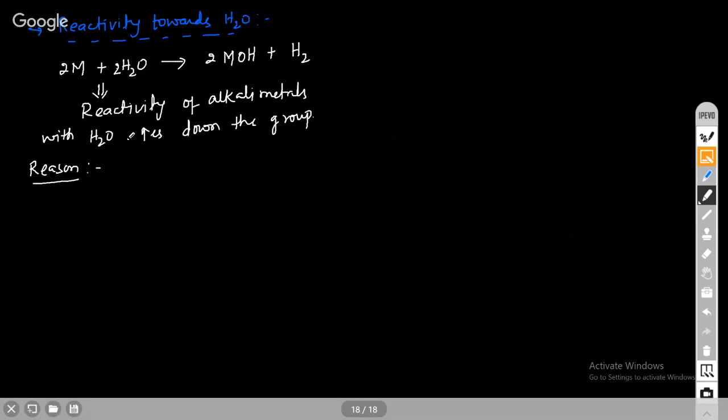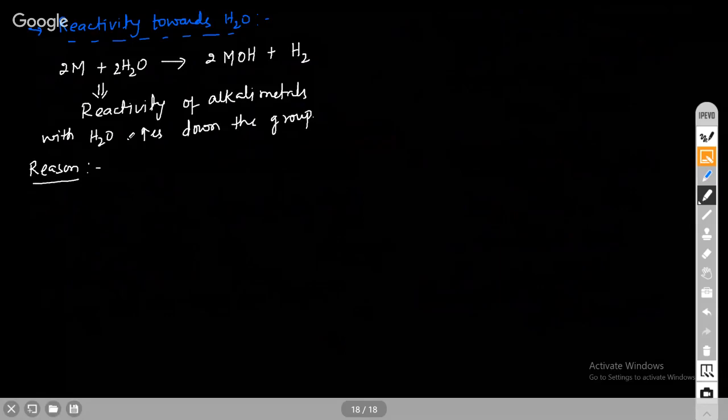See, the rate of the reaction you must understand. Contact area means contact between the two reactants. If that area is more, then the rate of reaction will be more. As we go down the group, the melting point of the metal decreases and the metal spreads over the surface of water during the reaction. Because of this decrease in melting point, the contact area increases and hence the rate of reaction increases.